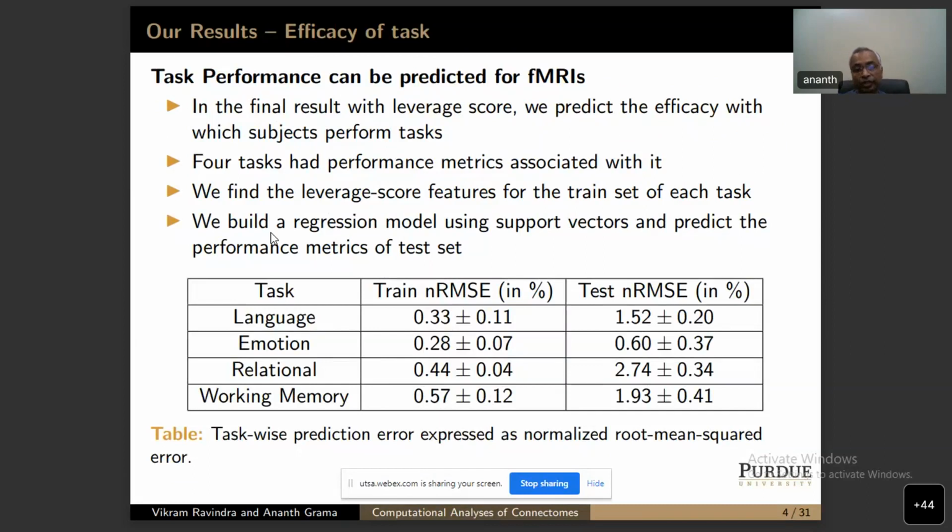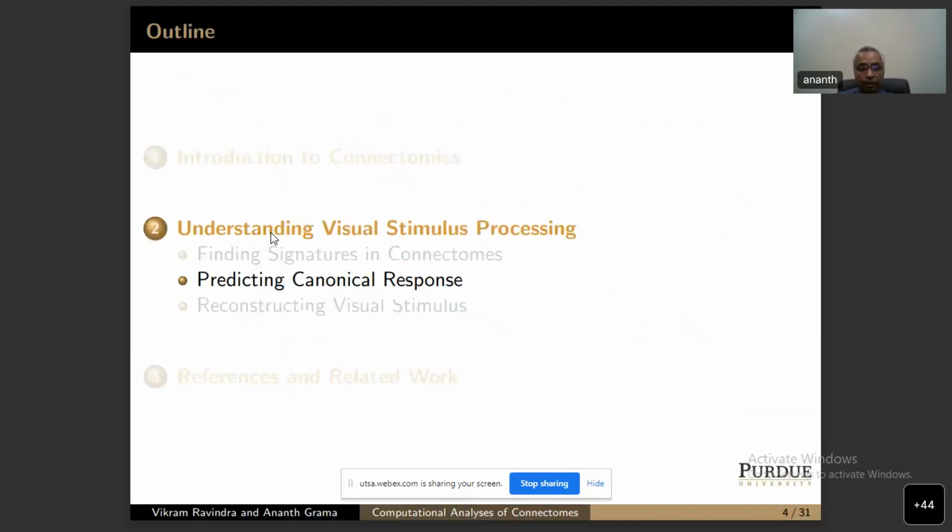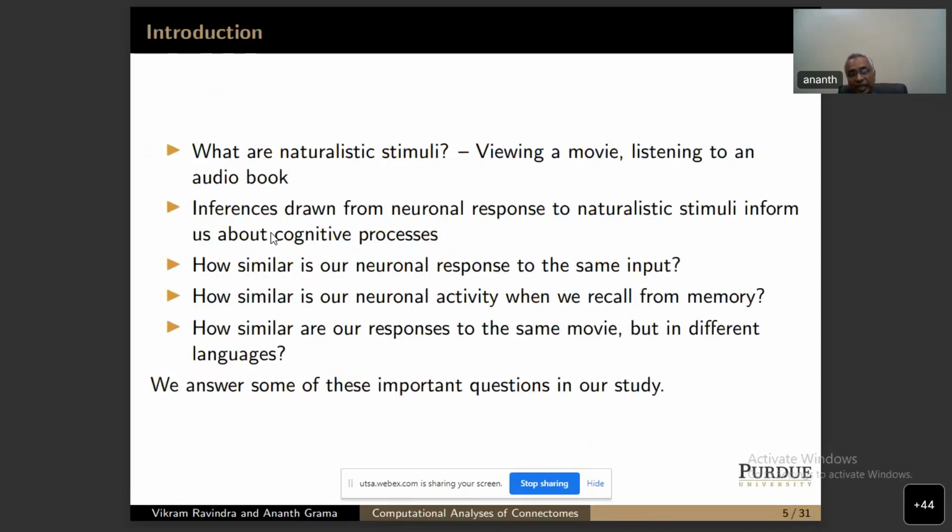And it turns out you can actually train a model quite well on a train set, but you get excellent accuracies on the test set as well. So this is really cool. We've gotten to a point where I can take your fMRI, I can actually identify who you are, I can identify what you're doing, and I can identify how good you are for the most part at what you're doing. All right, so let's now move on to something slightly more aggressive and ambitious here.